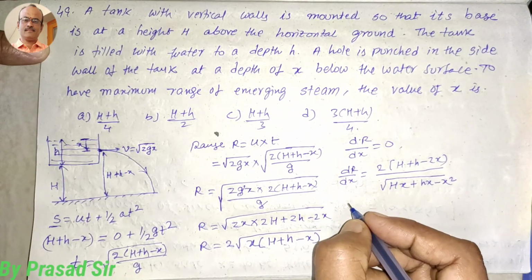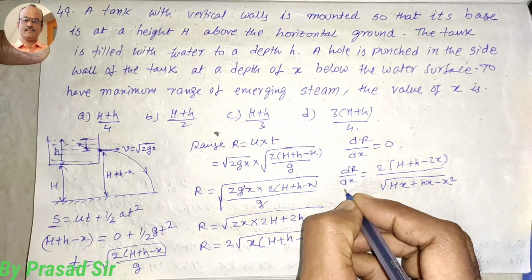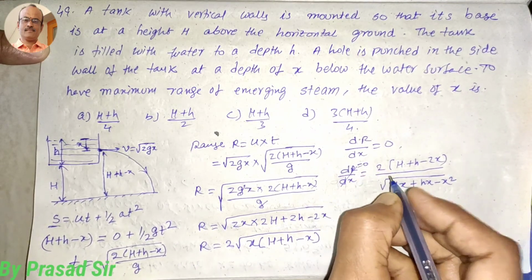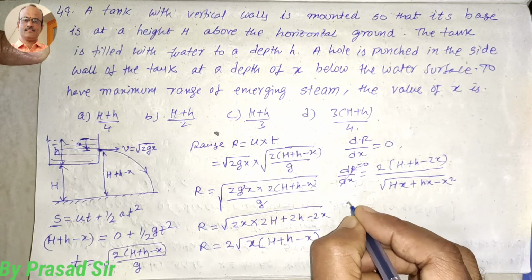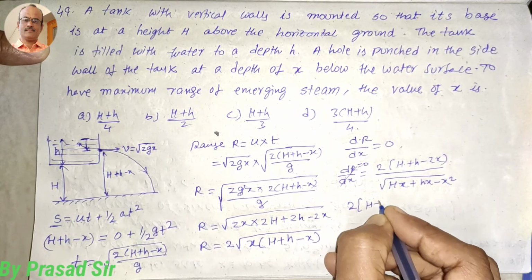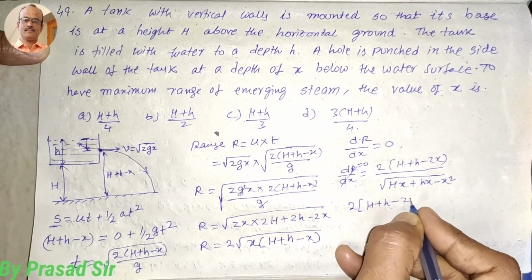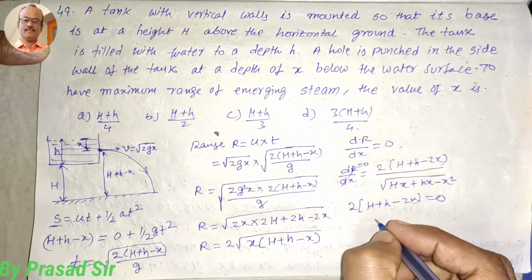So this one becomes 0, which means the numerator becomes 0, so 2 times (capital H plus small h minus 2x) is equal to 0.